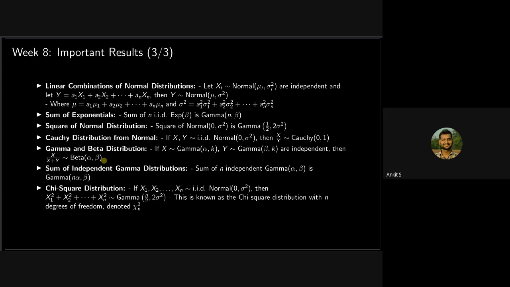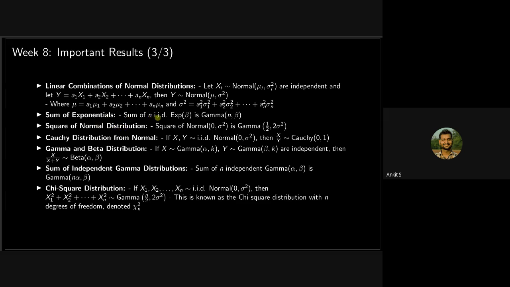The first thing is that a linear combination of normal distributions is also normal, with the mean being equal to the coefficient a1 times the mean of the individual random variables, and sigma squared is this. Then here we have some important properties related to the random variables that we saw previously.